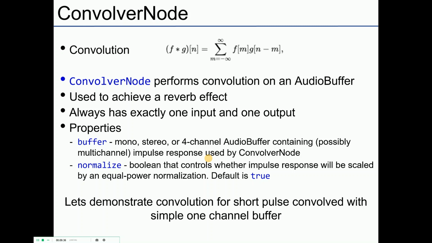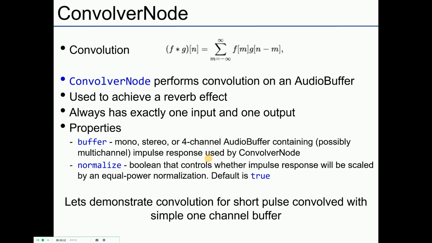The node itself, as it's written, has exactly one input and one output, but it also has properties. Like the oscillator node has a property for frequency, the gain node for the gain parameter. Here we have a buffer, which is a one-channel or mono, two-channel or stereo, or four-channel audio buffer that we use to contain an impulse response used by the convolver node.